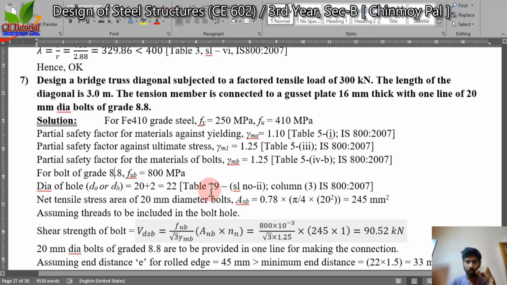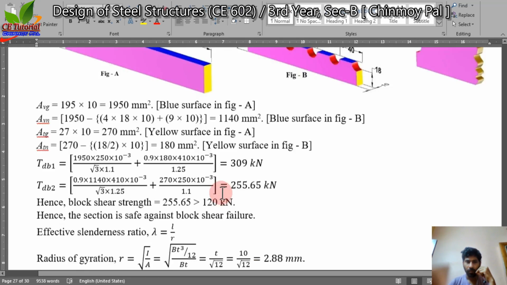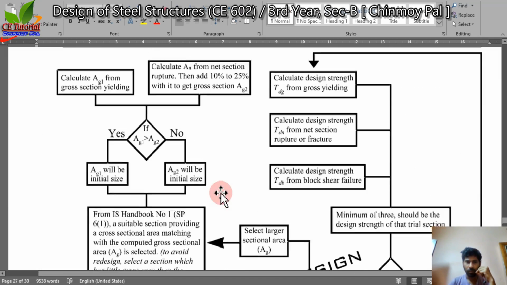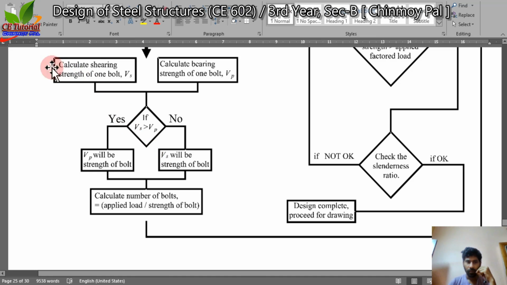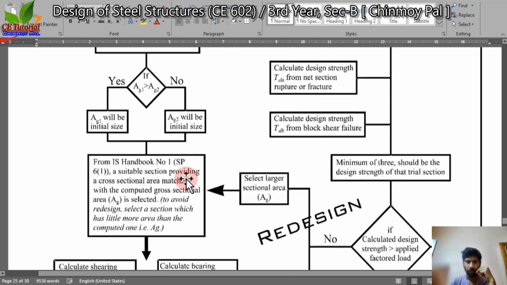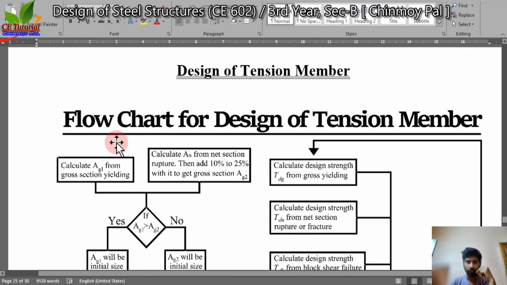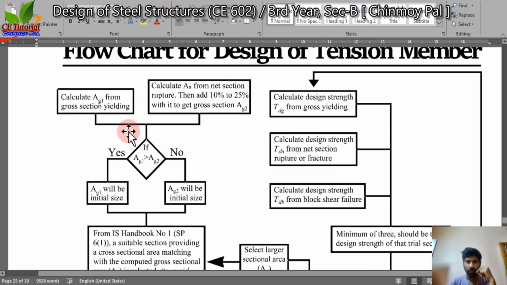To design a tension member, you can follow this method. Calculation of number of bolts, or calculation of strength of bolt, you can do at the beginning. After that, you can go for calculation of cross section of the member.